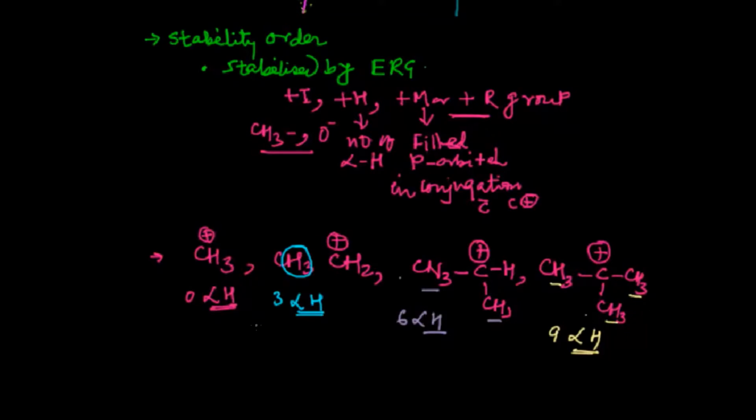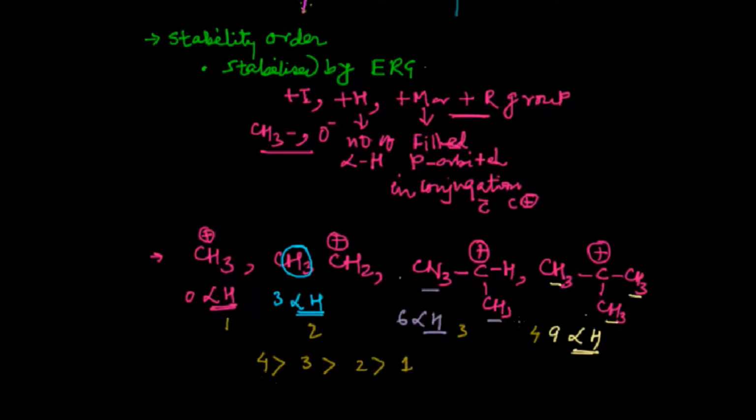Therefore we can say the stability order, if I number these 1, 2, 3 and 4, would be 4, then 3, then 2, then 1.